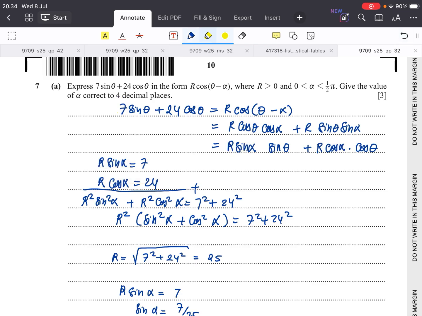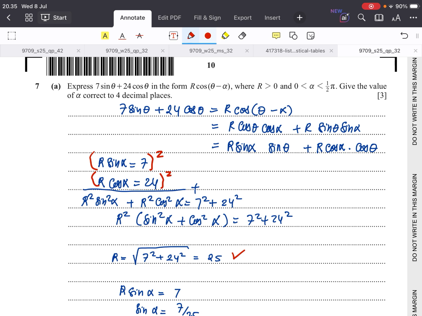And then to find r, we square both sides of the first equation, and we also square both sides of the second equation. And then we add both equations and we get this: r square sin square alpha plus r square cos square alpha is equal to 7 square plus 24 square. So factorize, and sin square plus cos square is 1.